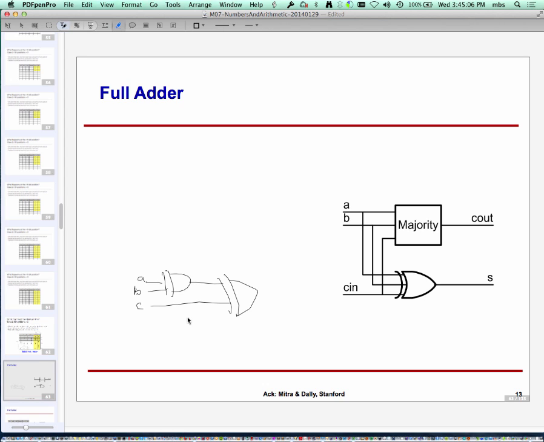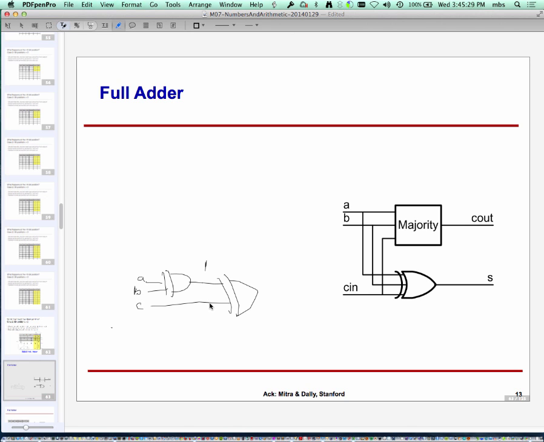So what would happen out here? So in this case, let's say A, B, C, if A and B are equal, output would be 0. If one of them is 1, the output would be 1. So if this guy is 1, that means one of A or B is 1.